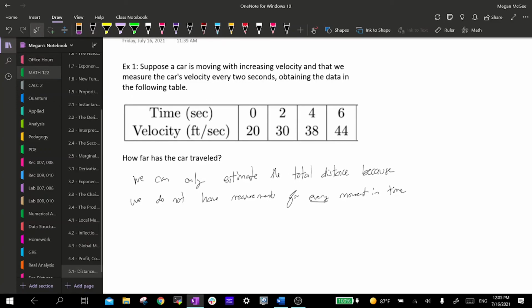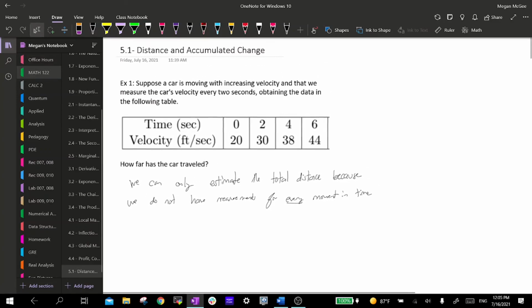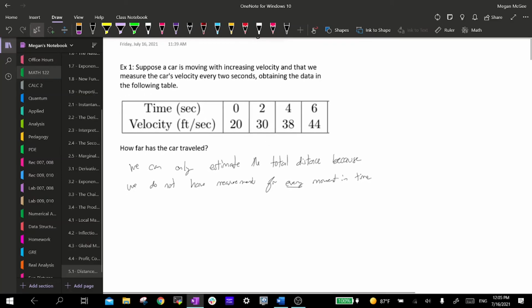So first, let's recall a formula, okay? If we remember, that relates distance to rate and time. So our distance is equal to rate times time. Alright, in this case our rate is our velocity.